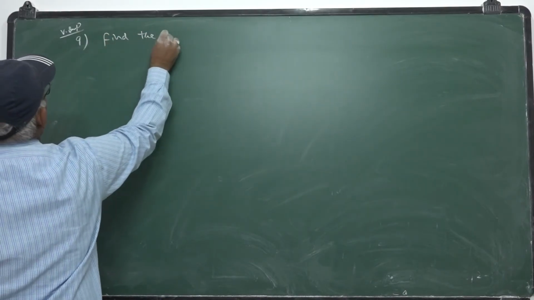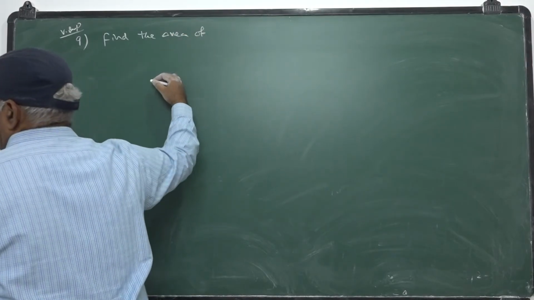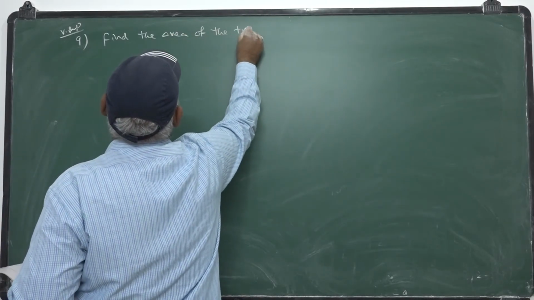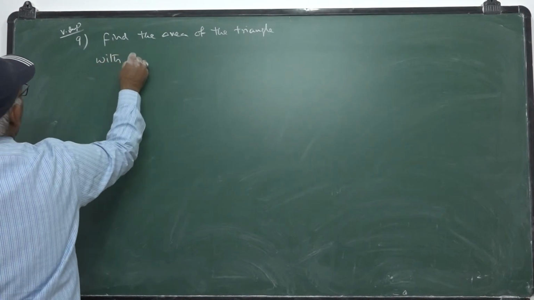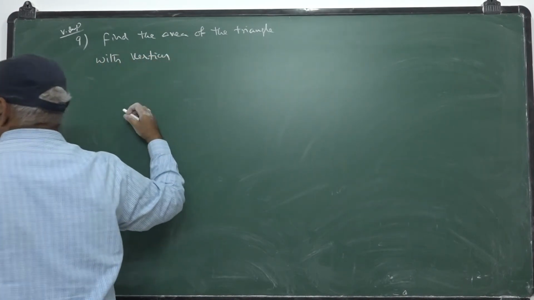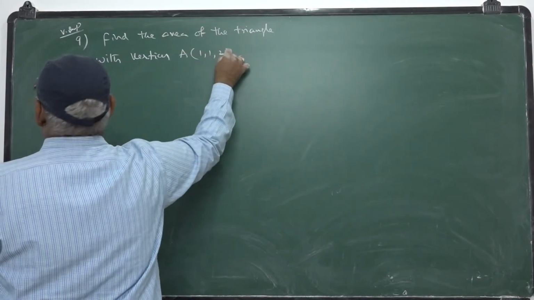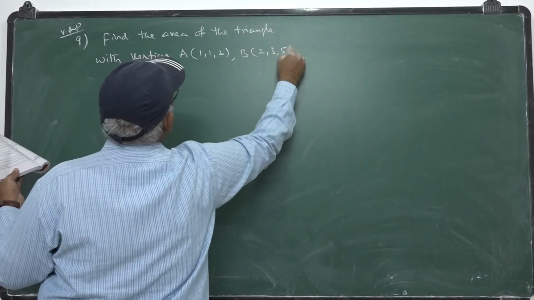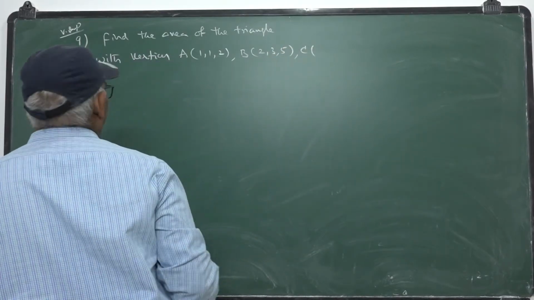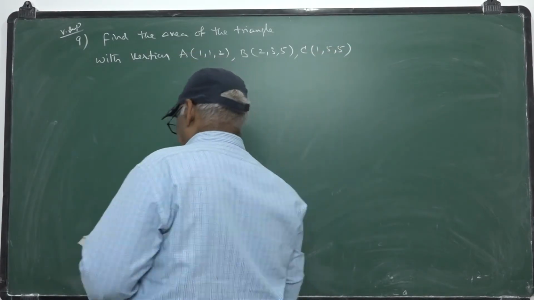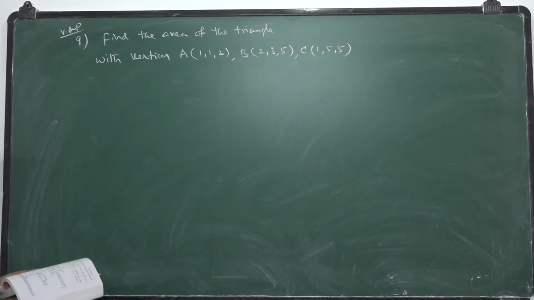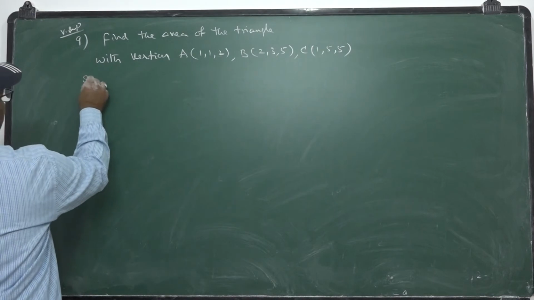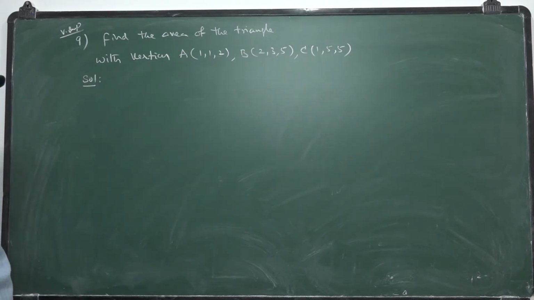Find the area of the triangle with vertices A(1, 1, 2), B(2, 3, 5), C(1, 5, 5) using the vectorial method, of course, not the three-dimensional method, the vectorial method.